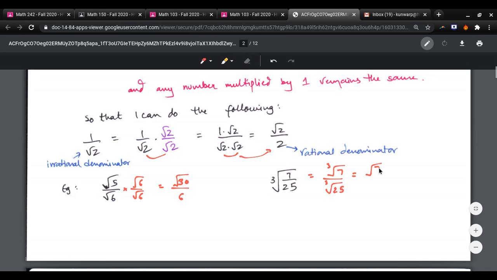But in this case, I can make an observation that cube root of 25 is actually cube root of 5 squared. So what I have is 7 to the 1/3 and I have a 5 to the 2/3 already. Now to make this into a 5, all I need is a 5 to the 1/3. So I use that, which makes it 35 to the 1/3 over 5, and that's a rational denominator.